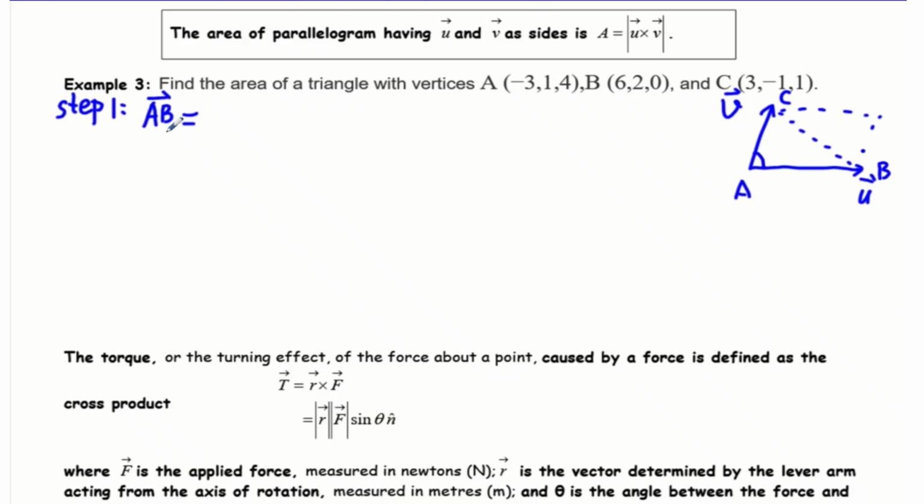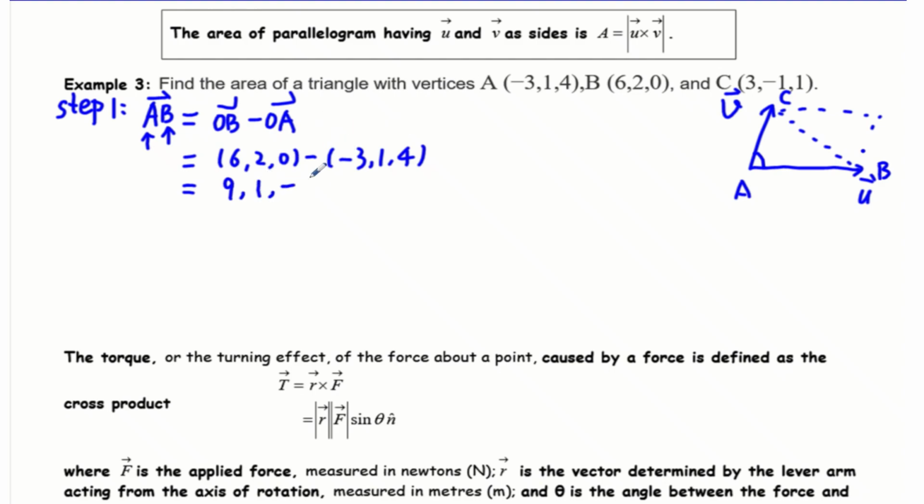For side AB, we know OB minus OA will give us AB. So OB is 6, 2, 0, OA is negative 3, 1, 4. Then subtract: 6 minus negative 3 gives us 9, 2 minus 1 gives us 1, 0 minus 4 gives negative 4. This is one side, and we find another side, AC.